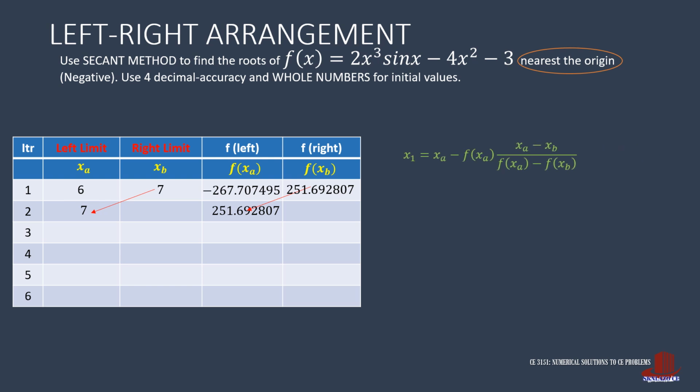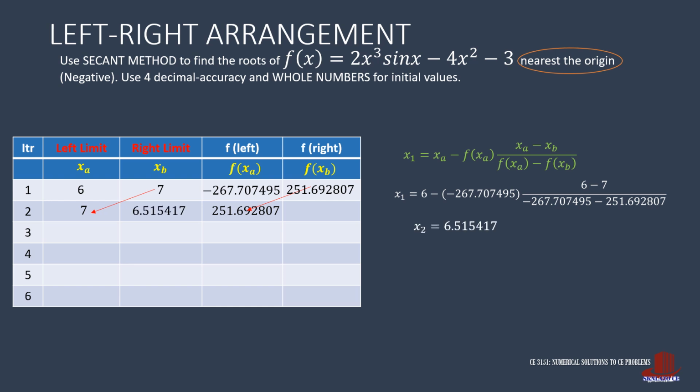The new xb is computed from the secant function, which is 6 minus negative 267.707495 multiplied by 6 less 7 over negative 267.707495 less 251.692807.